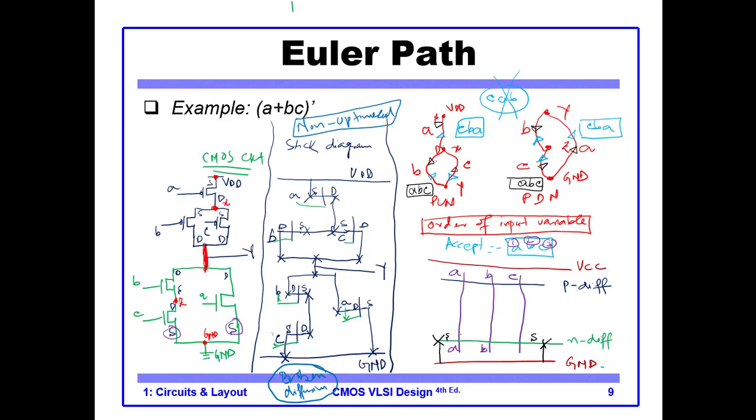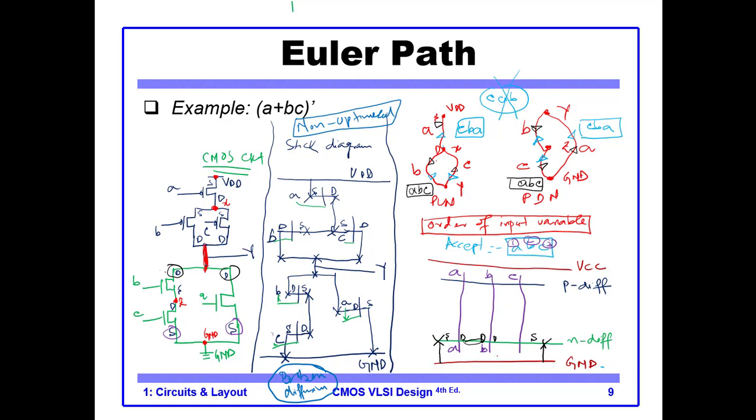Then the drain of C and source of B are connected. The drain of B, let me correct this, the drain of B and the drain of A are connected. So we have these two connected here on this line.